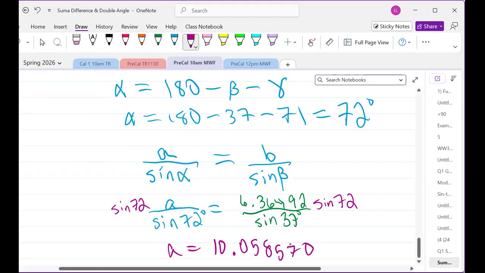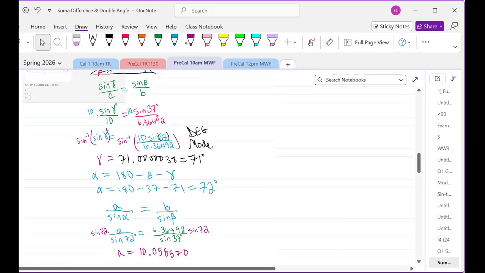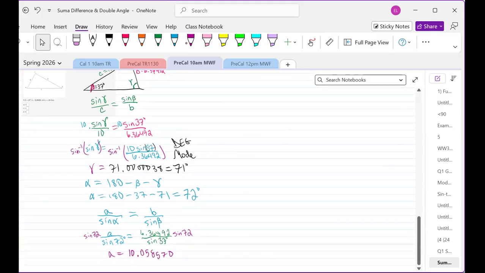And that gives me 10.058570. So that is how much work you'll have to do on the law of sines question on the test. You have to use law of sines to find the unknown angle, subtract from 180 to get the third angle, and then use that third angle to find the last side.